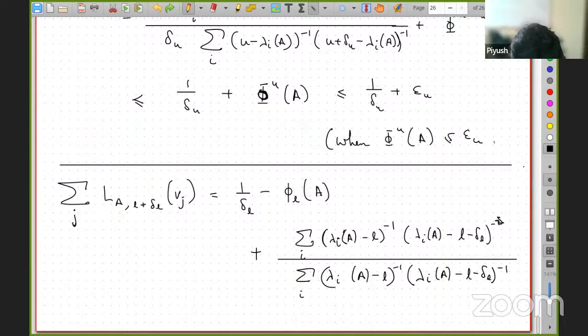So the difference is that here there is a -2, here there is a -1. That's the only difference between these two.